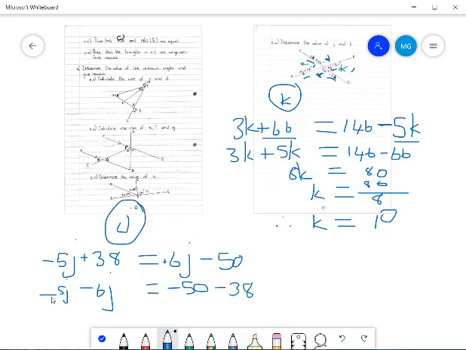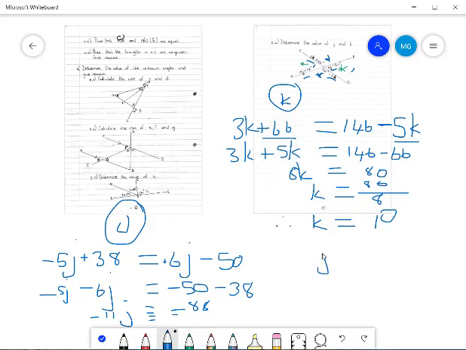And then I simplify, negative 5 minus 6 is negative 11j. Negative 50 minus 38 is negative 88.